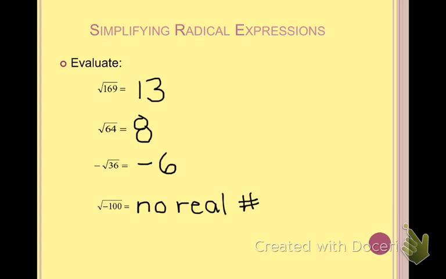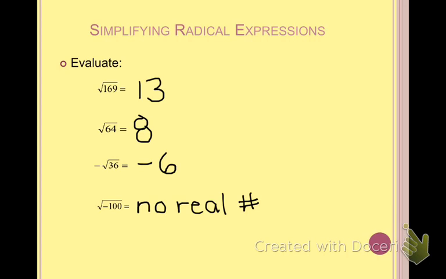If we multiply 10 times 10, it would give us a positive 100. Or if we multiply negative 10 times negative 10, it would also give us a positive 100. So there's actually no real solution to this particular problem.